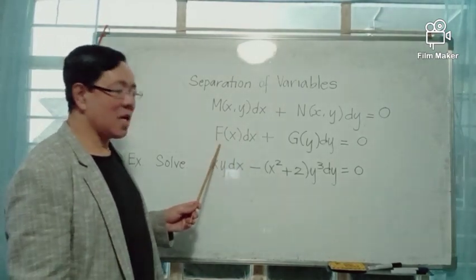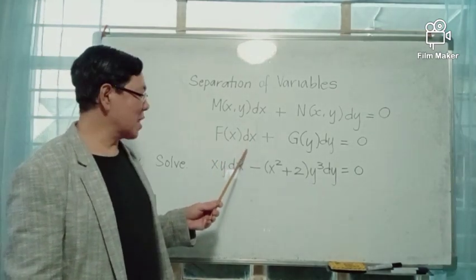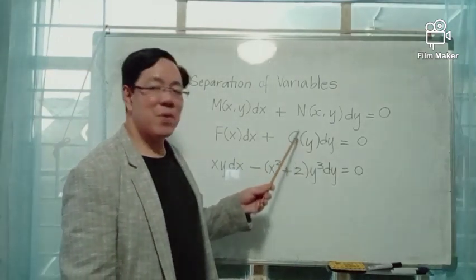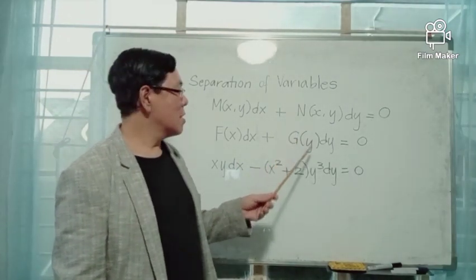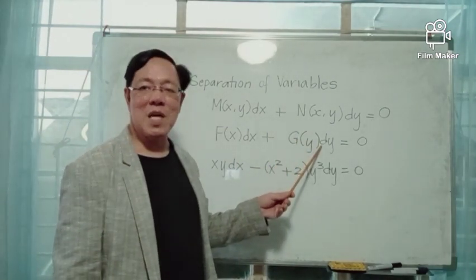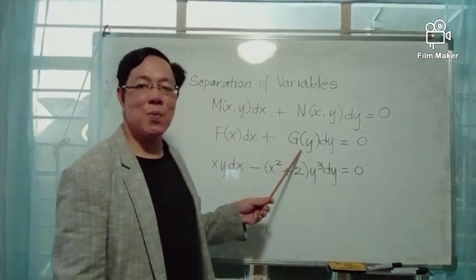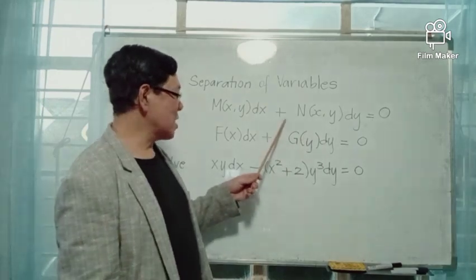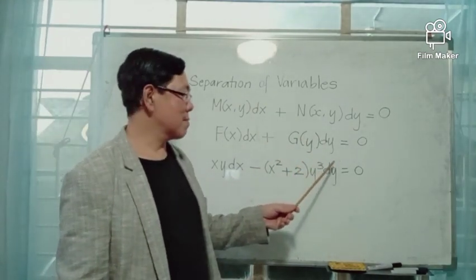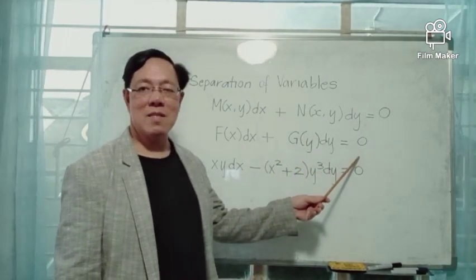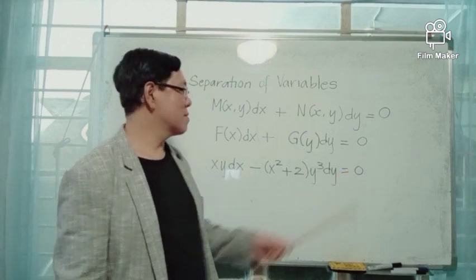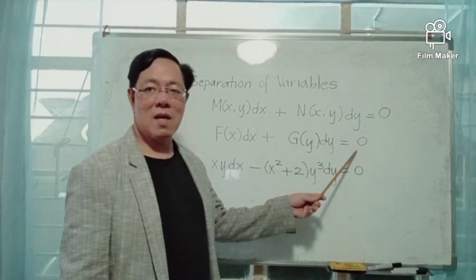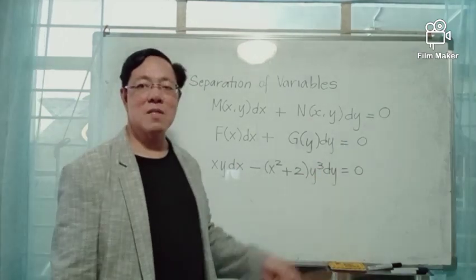Hence, the first term can be integrated with respect to x. Also, the coefficient of the differential of y is a function of y only. Hence, the second term can also be integrated with respect to y. And of course, the right-hand side can be integrated, which gives us a constant after integrating 0.